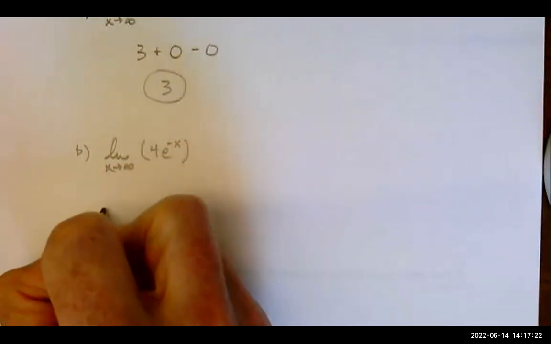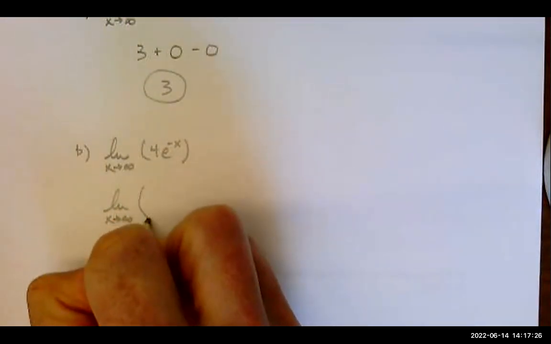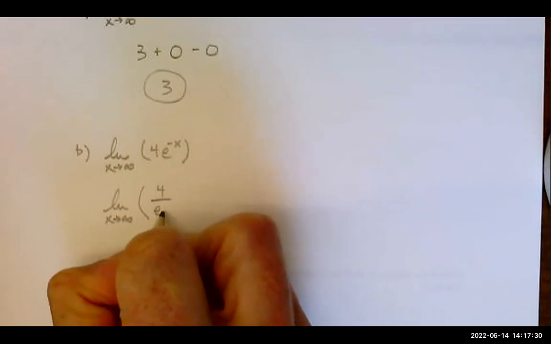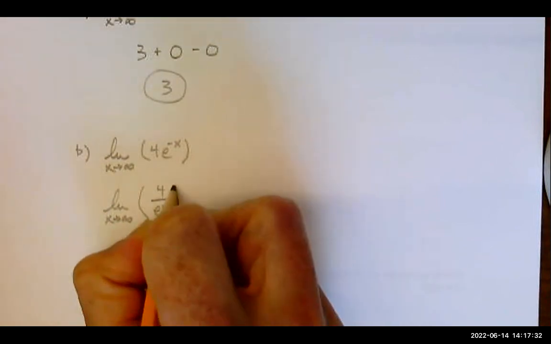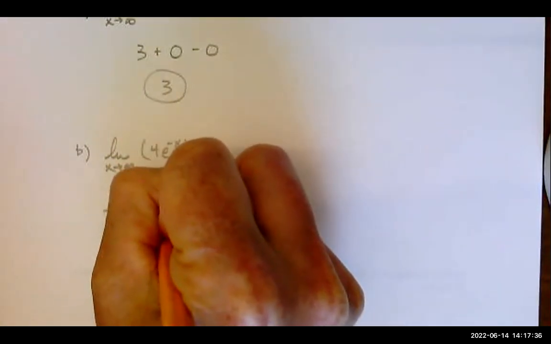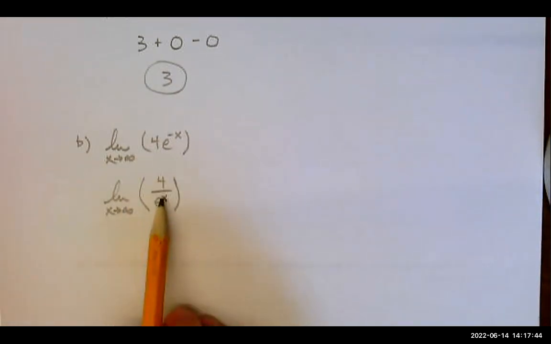Let's think of it like this. The limit as x approaches infinity. Hey, doesn't that negative exponent, we could convert this to a fraction, 4 over e to the positive x, right? And now maybe we can see it. 4 over e to the x as x goes to infinity.